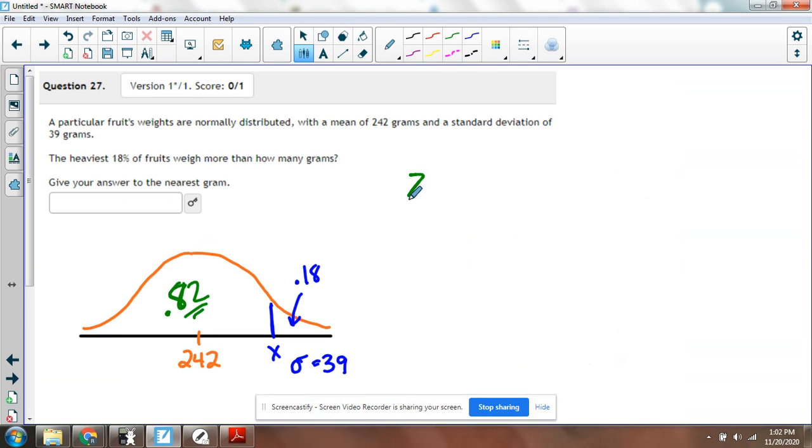So my Z value is going to be 0.915. You take the average of 0.91 and 0.92, and you get 0.915. So that's the Z value. So we're still going backwards. Remember the second last step was to find the Z-score. We have the Z-score.